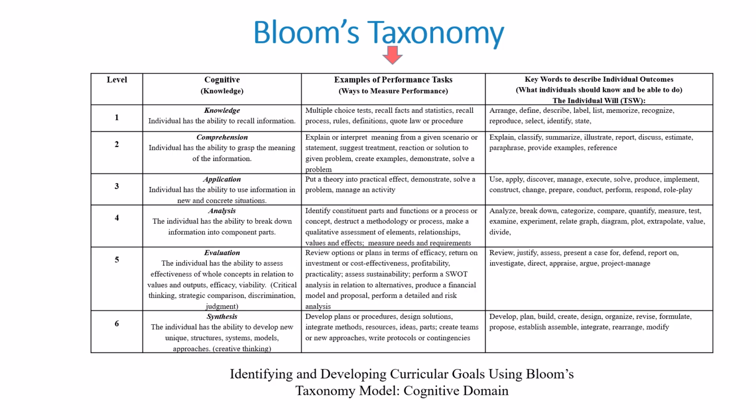It also identifies and describes performance tasks, or ways students can demonstrate their achievement of each level of development. And finally, appropriate verbs that can be used to craft learning objectives for each level of development are included.